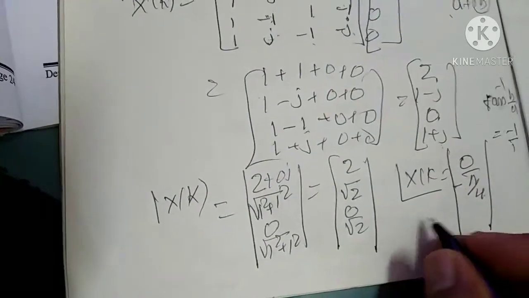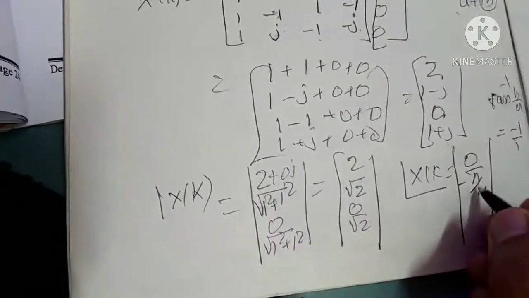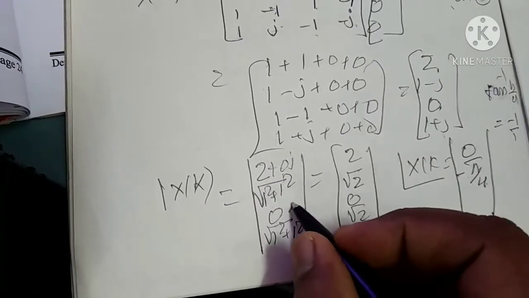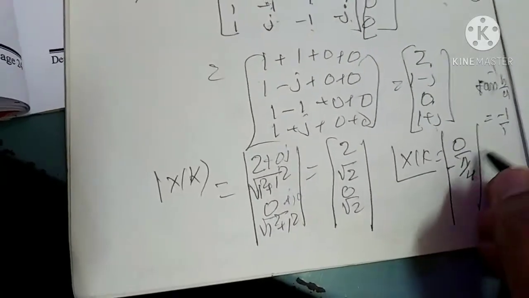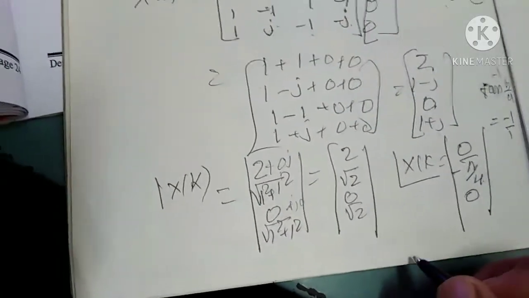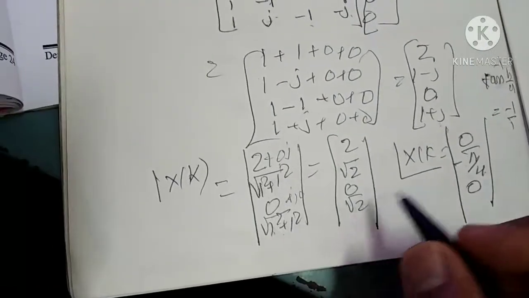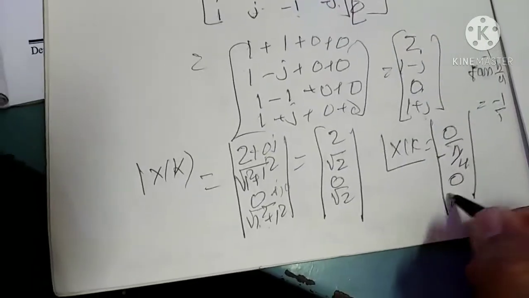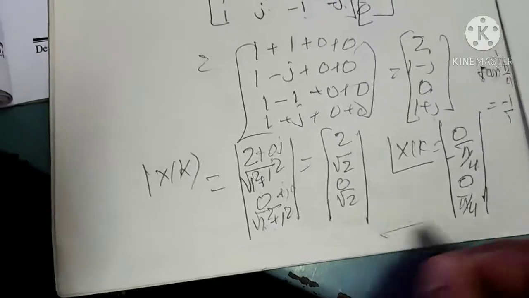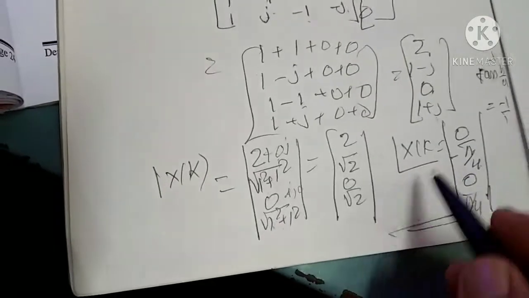For the third value, b by a is 0, so tan inverse of this is also 0. For the last value, tan inverse of 1 gives pi by 4. So if we plot the graph for this, it looks in this fashion.